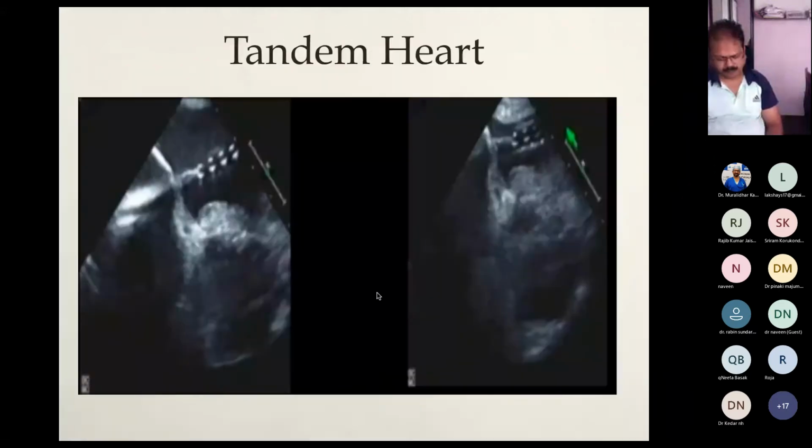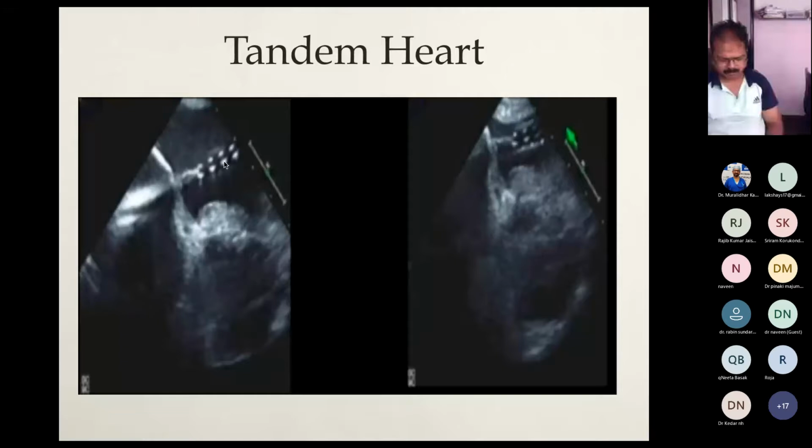And just one slide about the TandemHeart. Once the Impella came, the use of TandemHeart has really reduced. The TandemHeart is also a temporary kind of VAD, approached through the femoral vein, and we need to do a transseptal puncture to put the cannula in the LA, and it sucks blood from the LA.